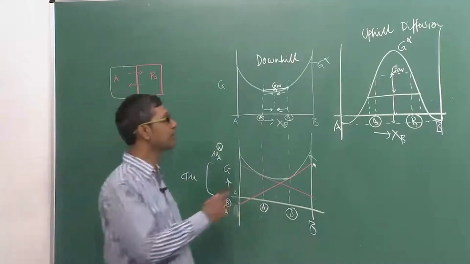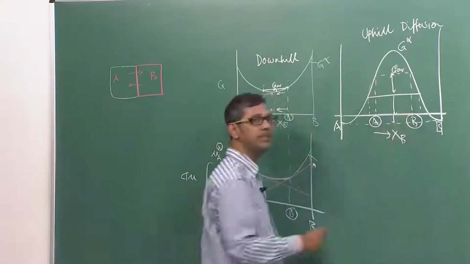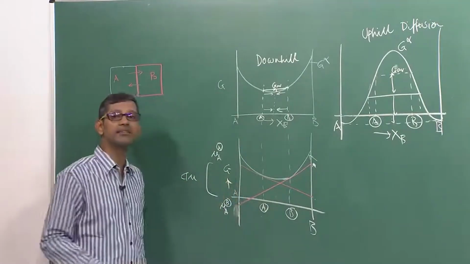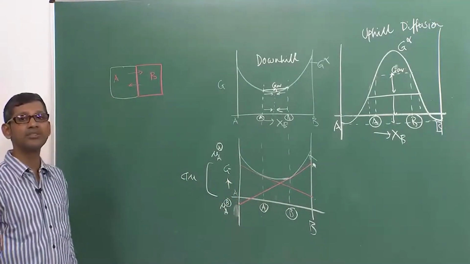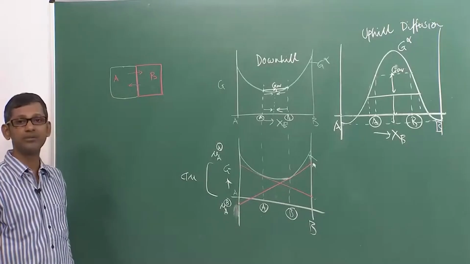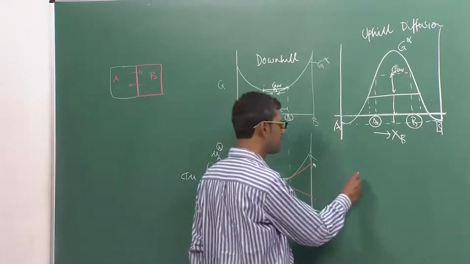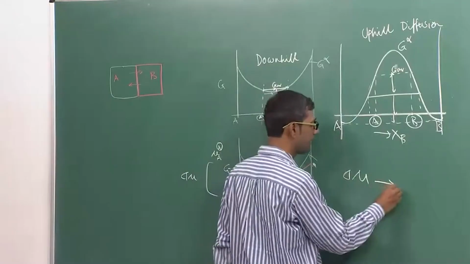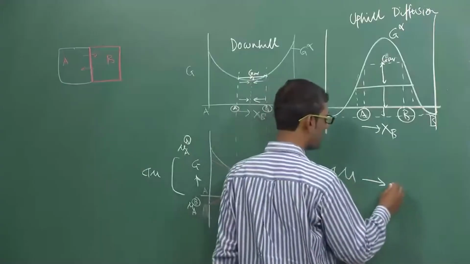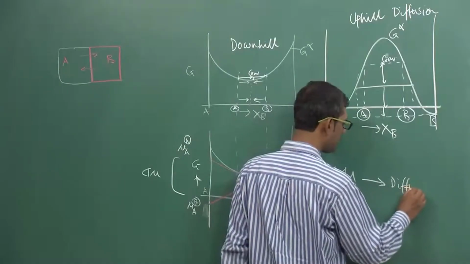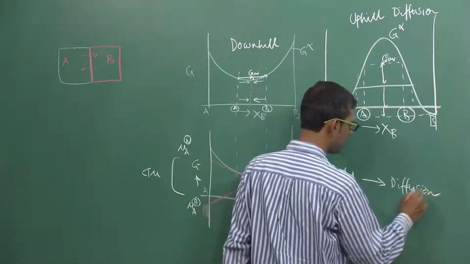So the moment you have such free energy curves, your behavior will be different. But remember, it is the chemical potential gradient there also, here also, which dictates the diffusion directions. The free energy is basically the main aspect. The change of the chemical potential always dictates the diffusion directions.